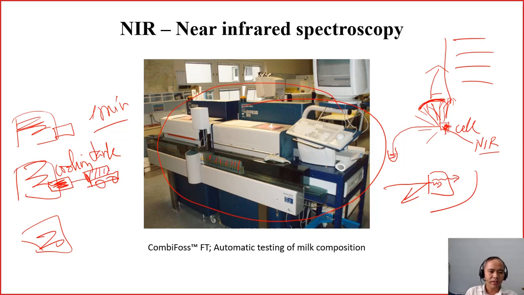They come here and pump this milk, and they also take a small sample of the milk, and this sample is sent to this center. The center will analyze the milk sample, and we know the quality of the milk. This center will send the result back to the farmer and send the result to the processing company.